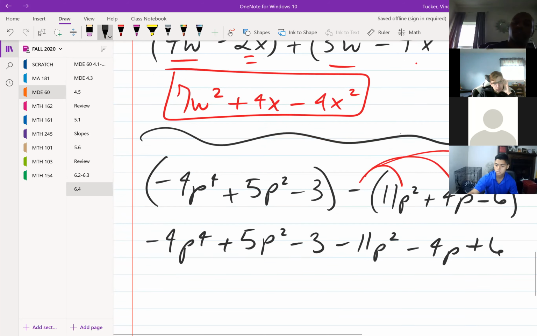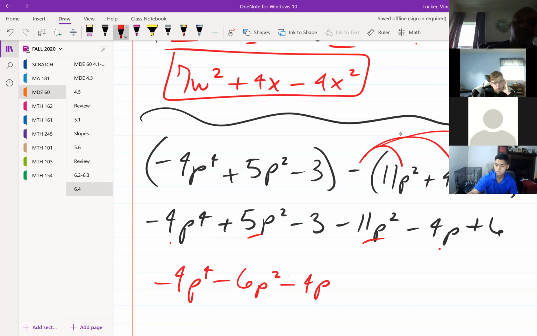So now from there, you can combine your like terms. We have negative 4p to the fourth. Cannot combine that with anything. Then we got 5p squared, negative 11p squared, which is negative 6p squared. 4p doesn't combine with anything.